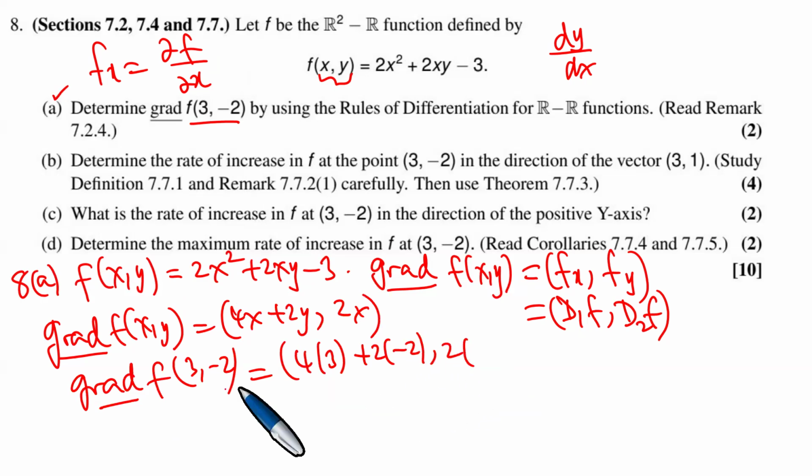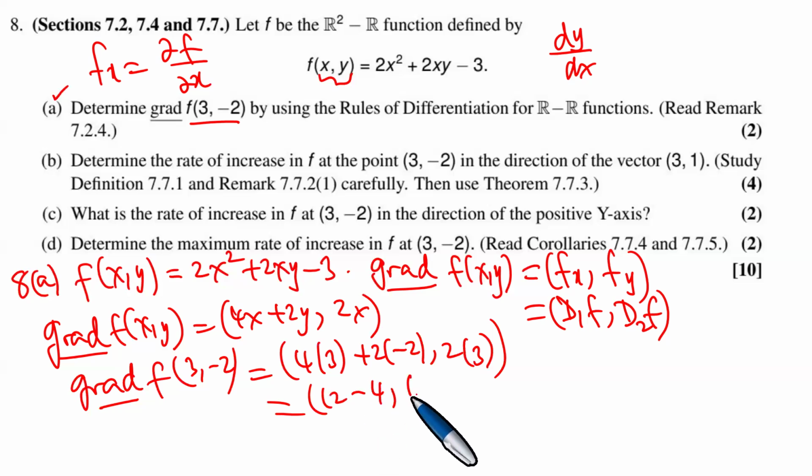Our x is 3. Okay, so we can continue. What is 4 times 3? 12. Minus 4. 2 by 3 is 6. Giving us 8 and 6.